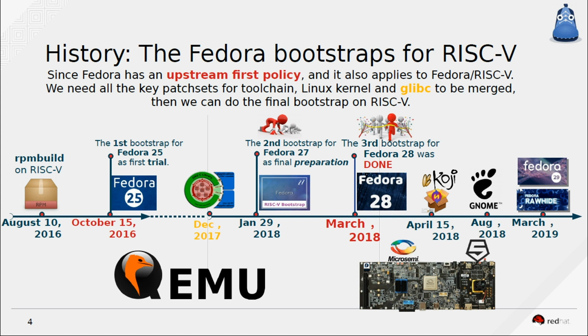They made a Koji build system and set it up. So right now, all the packages and all the images are built in this distributed build system, and we don't have to cross-compile every time. We just need to submit a job to this Koji system, and it will distribute all the tasks to different hosts and build the images for us.